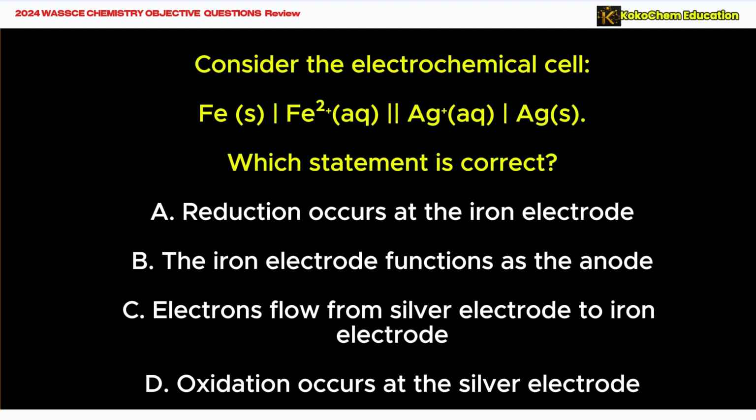B. The iron electrode functions as an anode. C. Electrons flow from silver electrode to iron electrode. D. Oxidation occurs at the silver electrode.